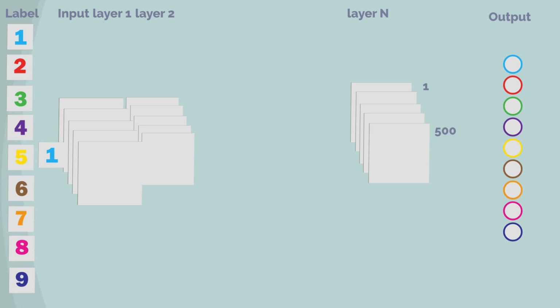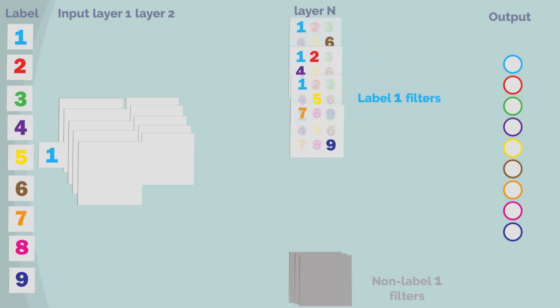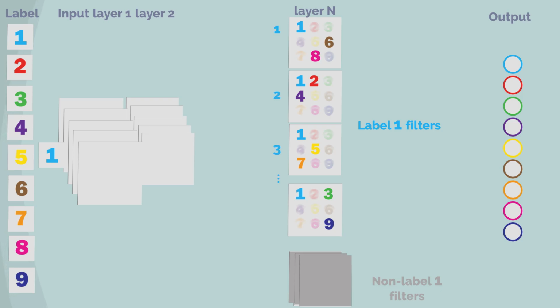At layer n, among the 500 filters, 150 are label 1 filters, and 350 are not. Each one of the 150 filters has label 1 among their set of 3 labels. Each one of the 150 filters contributes to the output label 1, a total of 150.